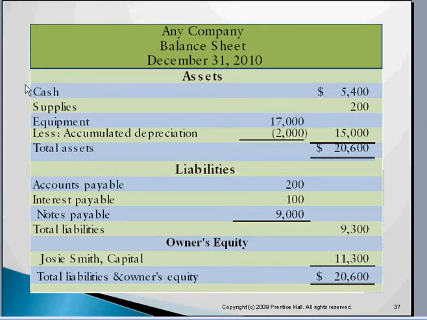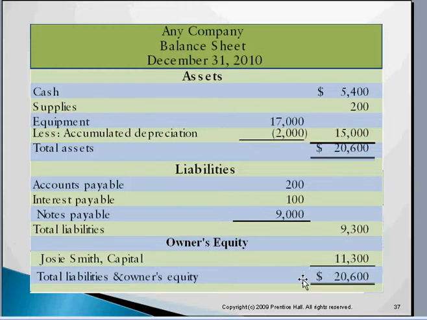The balance sheet lists the assets, the liabilities, and the owner's equity. Okay, the balance sheet, as I said earlier, contains the accounting equation. Assets of $20,600 are equal to liabilities of $9,300 plus owner's capital of $11,300.